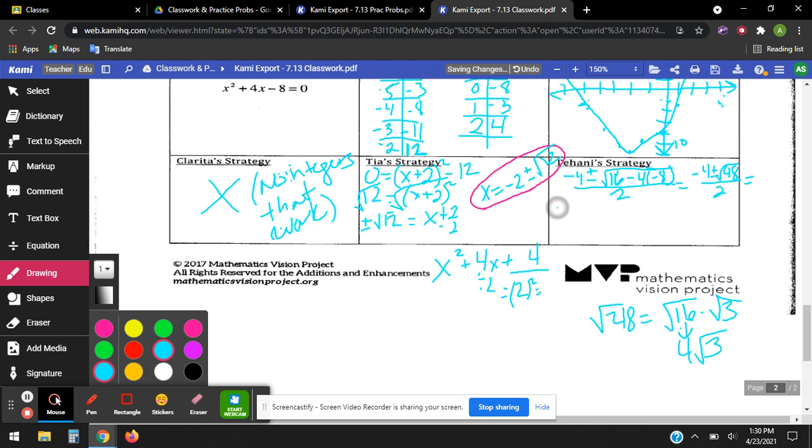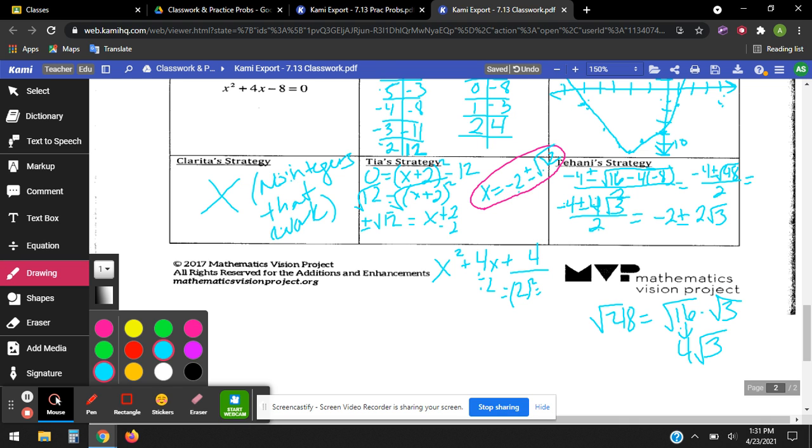So if I do that, negative 4 plus or minus 4 square root of 3 divided by 2, notice these two can both divide out 2. So negative 4 divided by 2 is negative 2, plus or minus 4 divided by 2 is 2 square root of 3 right here.